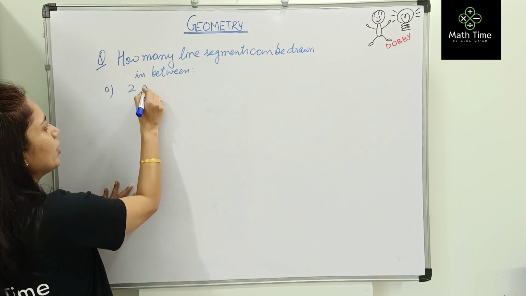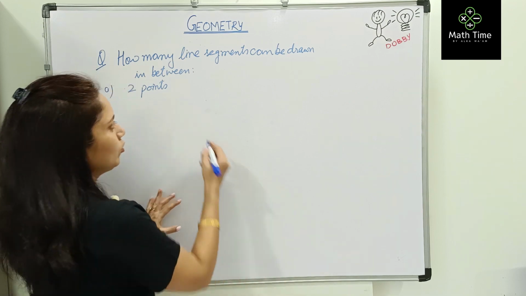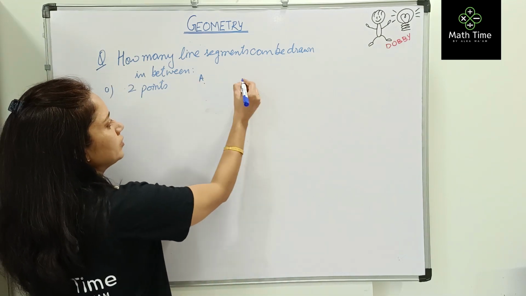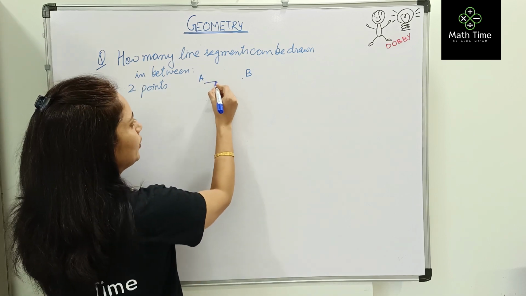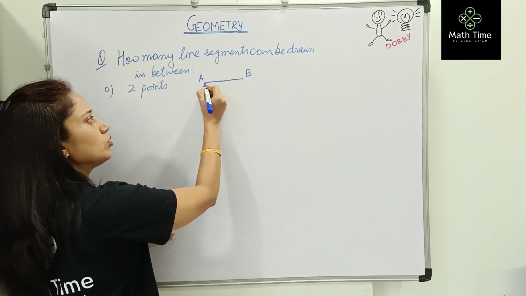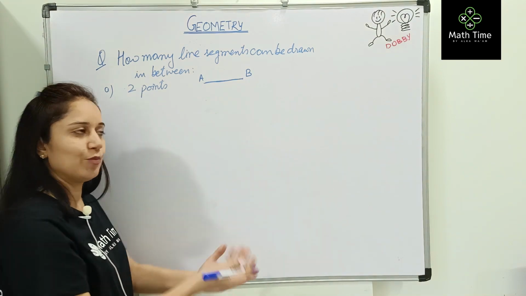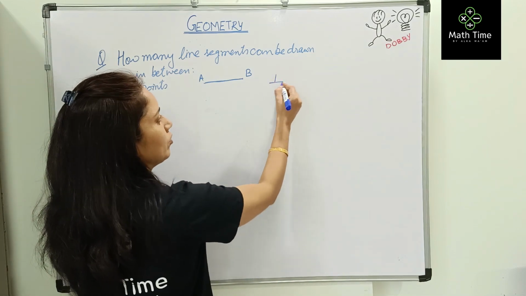If you are having just 2 points, draw 2 points. This is point A, this is point B. How many line segments can be drawn? A to B, one line segment. B to A, if you make it, is also the same line segment, only you have overlapped. So with 2 points only one line segment can be drawn, only one.